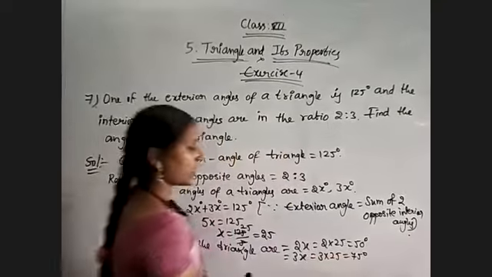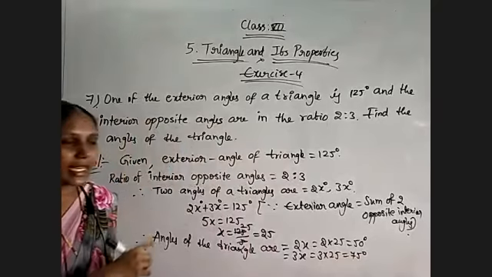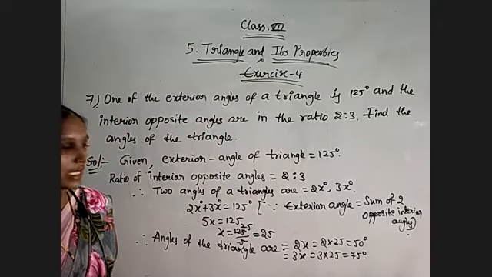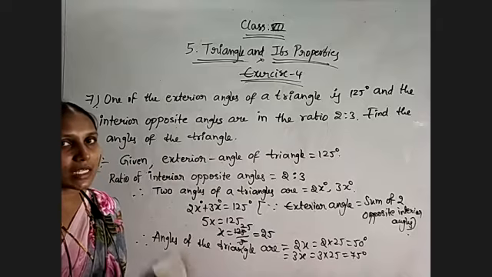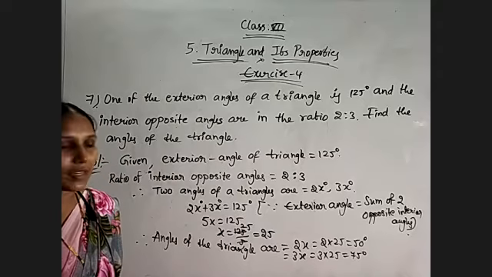The remaining angle is 180 minus the sum of these two. That is 75 plus 50 is 125 degrees. So 180 minus 125, which is nothing but 55 degrees.